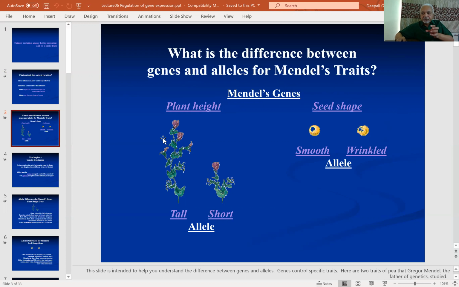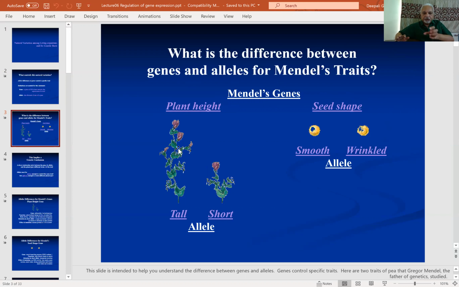So he considered two traits or features of a plant. He worked with pea plants. He observed that certain plants were tall and other plants were short, or he called them dwarf. Similarly, when he looked at the shape of the seed, some had a smooth seed coat surface and others had a wrinkled surface.